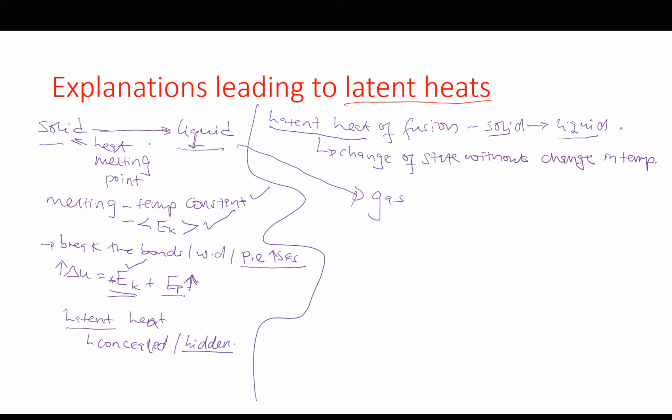But then, when the liquid starts turning to a gas, remember we have been supplying heat all along and the temperature has been increasing since it became a liquid.